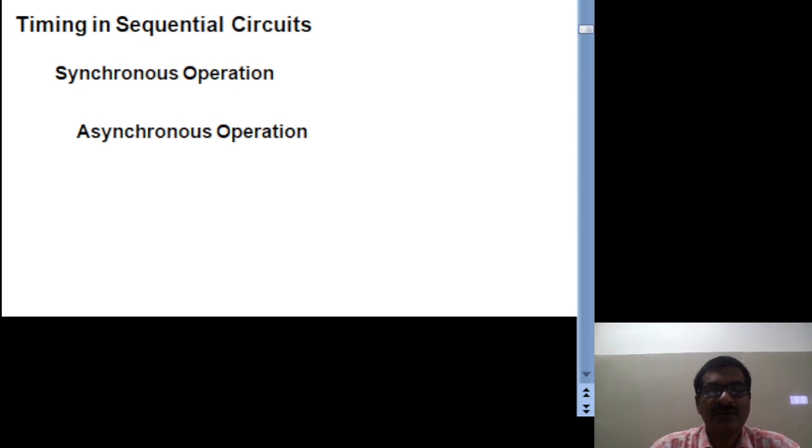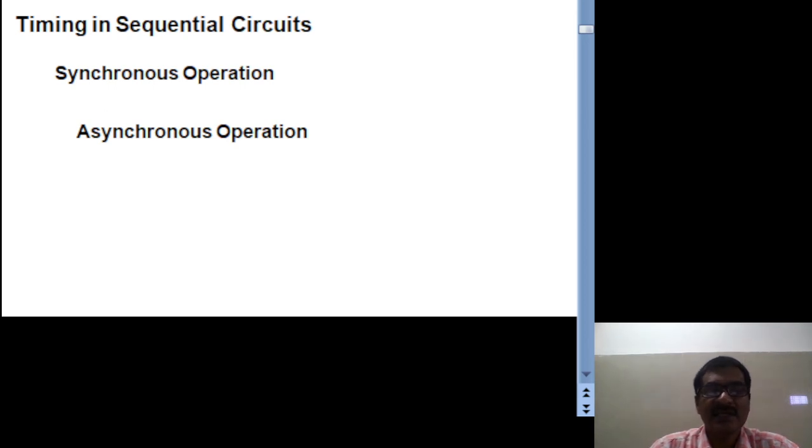For example, if you take a register, the register is a group of flip-flops. Each flip-flop is considered an element in that register. All those flip-flop elements are driven by the clock signal simultaneously.